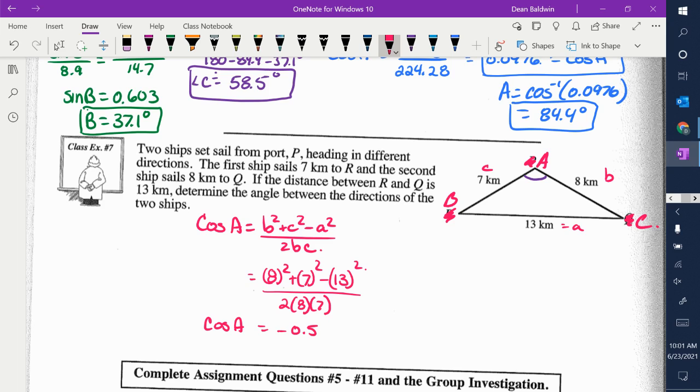Which is okay. And then if you solve for A, put the negative into it, and you should get 120 degrees.